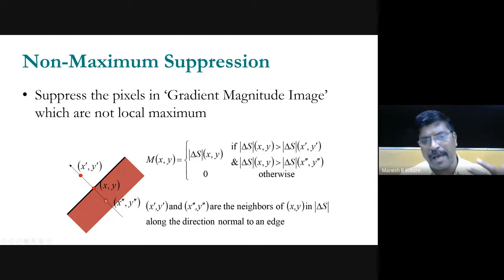Or sometimes (x'', y'') may have the maximum magnitude as compared to (x, y) or (x', y'). At that time you keep that one. So out of these three you choose one, based on the intensity or magnitude value, and the pixel with the greatest magnitude will be kept as the pixel on the edge.